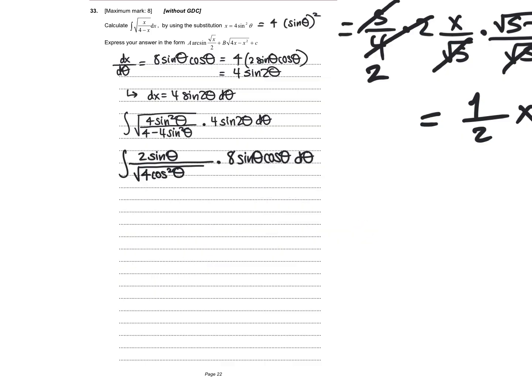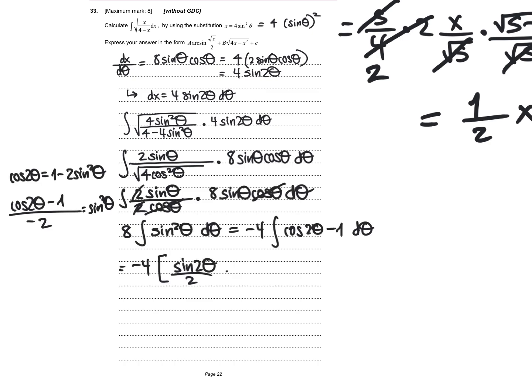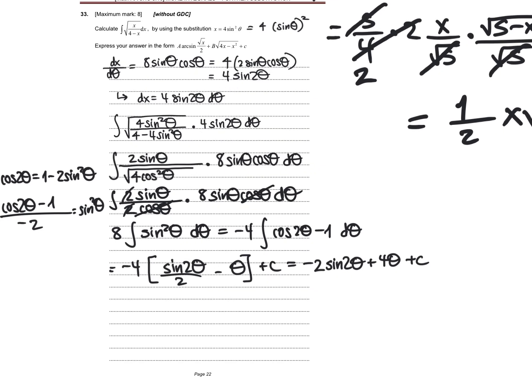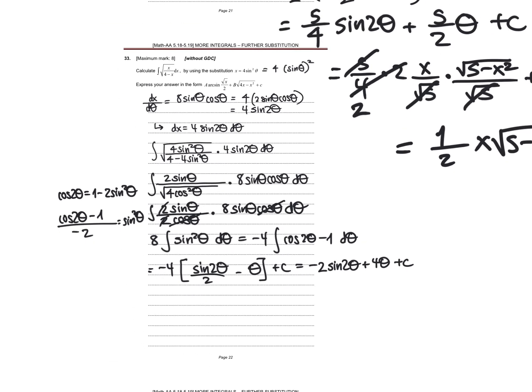Oh, we are going to use maybe sine 2 theta. I don't know. And then minus theta when we do the integral, then plus c. So when we distribute the negative 4, we're going to have negative 2 sine 2 theta plus 4 theta plus c. So recall we want this all in terms of x, and we need it in this form.